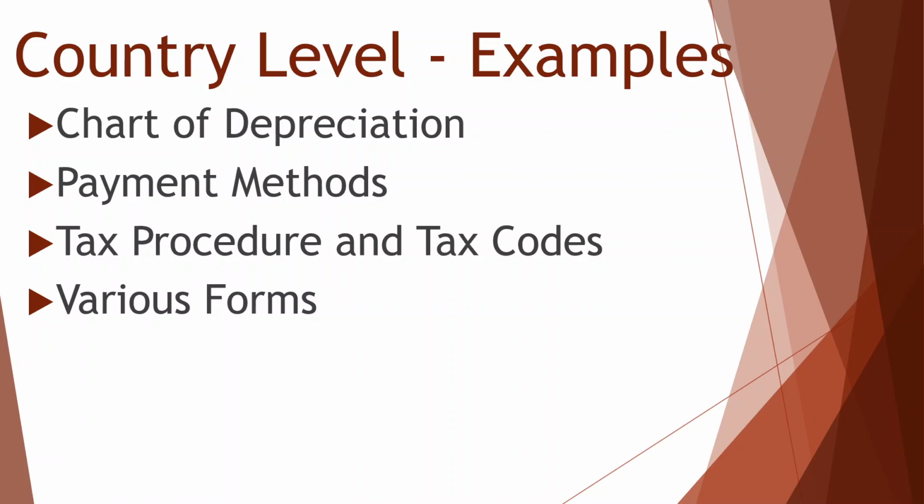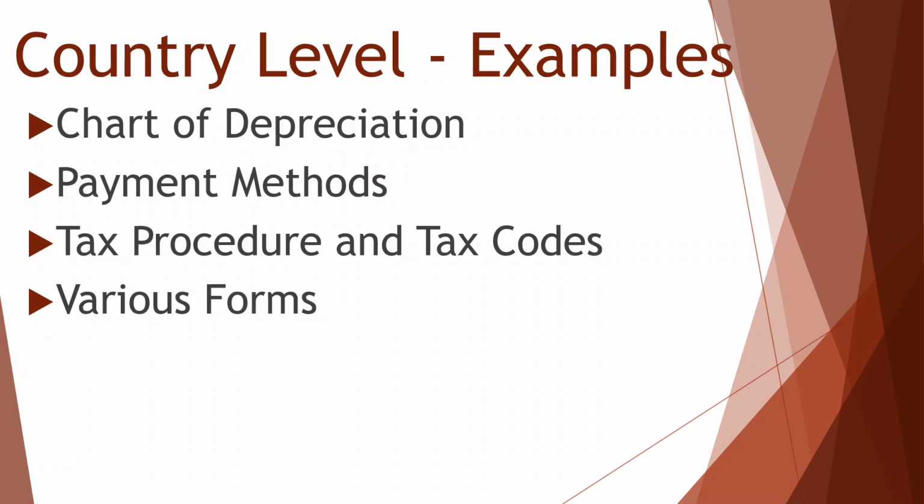As long as it is within the same country, one form might fulfill. But here also, a couple of changes you will have to do at the company code level. If the company codes use different logos, different things, then those things also will change at the company code level. But in general, forms are usually used at the country level because within the same industry, the forms, rules, regulations, and all other things usually do not change much.